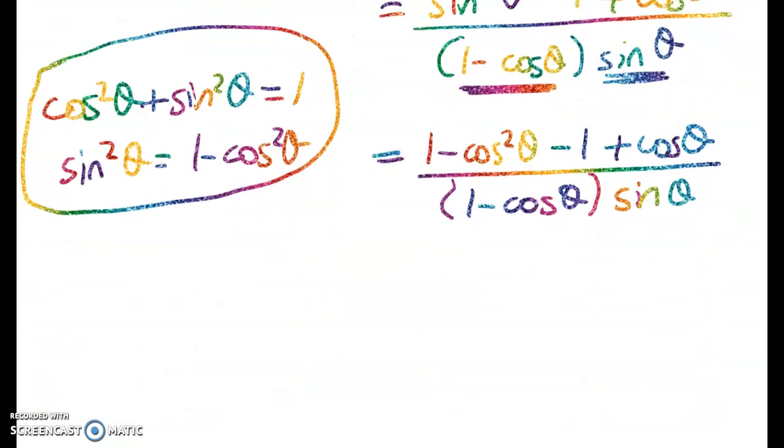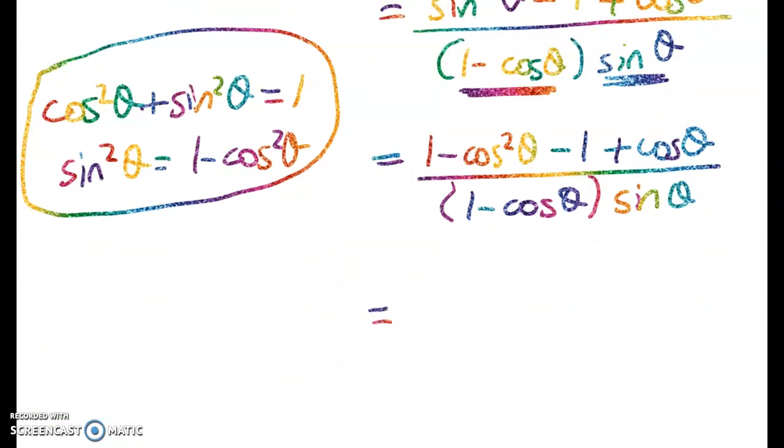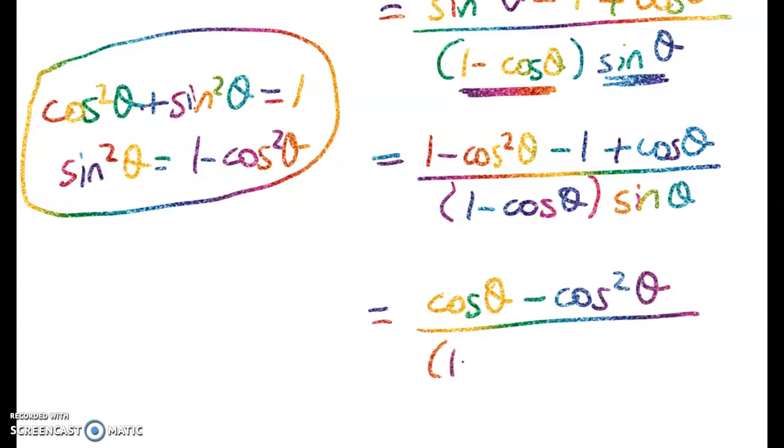You can see a whole lot of stuff is starting to simplify away. We're left with cos theta minus cos squared theta over 1 minus cos theta times sine theta.